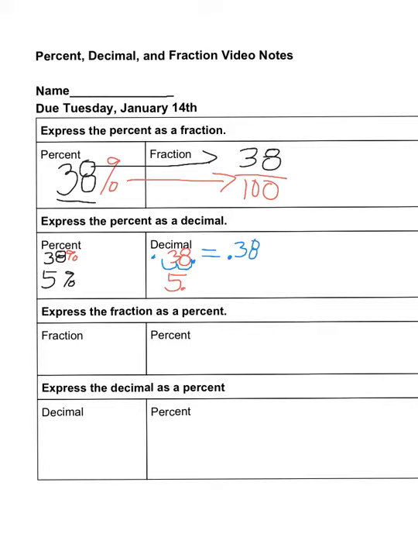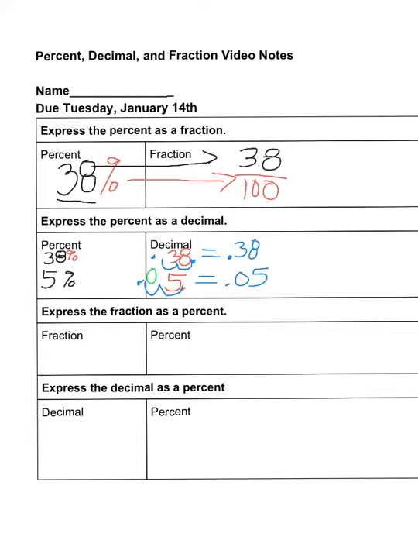Now to convert it to a decimal, I have to move my decimal place 2 to the left, 1, 2. And I notice here that I'm left with a blank. What do I do with that blank? Well, I simply fill in a 0. So my answer would be 0.05 or 5 hundredths. So when I'm going from a percent to a decimal, all I do is move my decimal point 2 to the left.